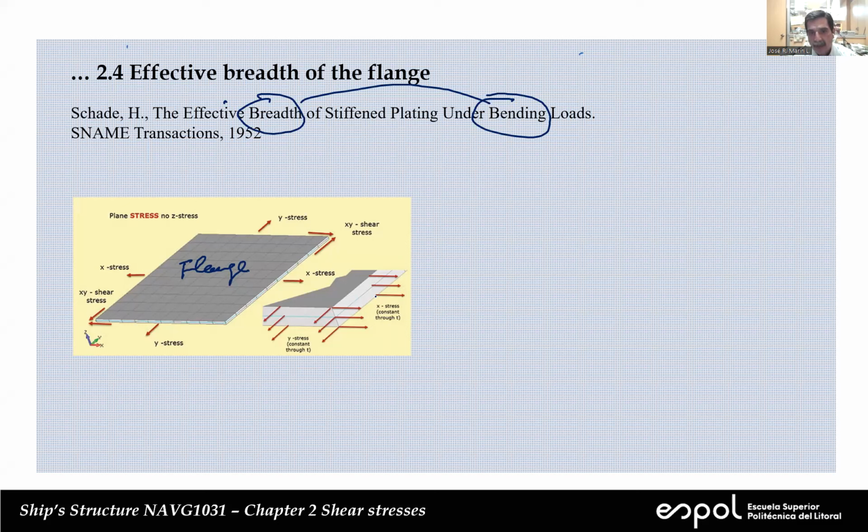So if I go up in the thickness, the sigma doesn't change. Sigma X, sigma Y, or tau XY, they don't change in the thickness because we assume that the thickness is very small. Okay, so this is what we call a plane stress problem.